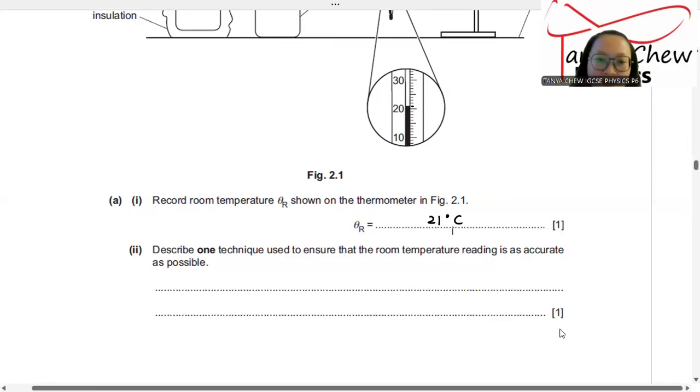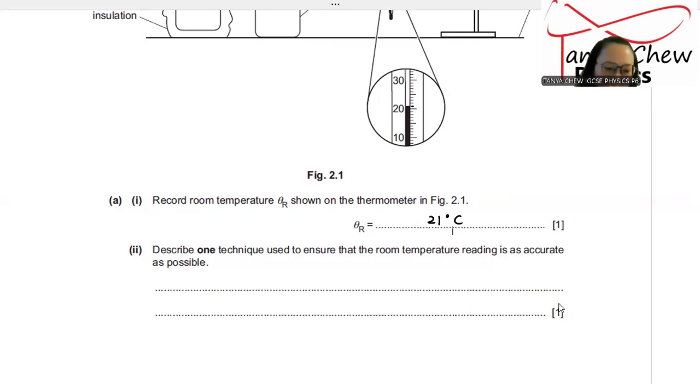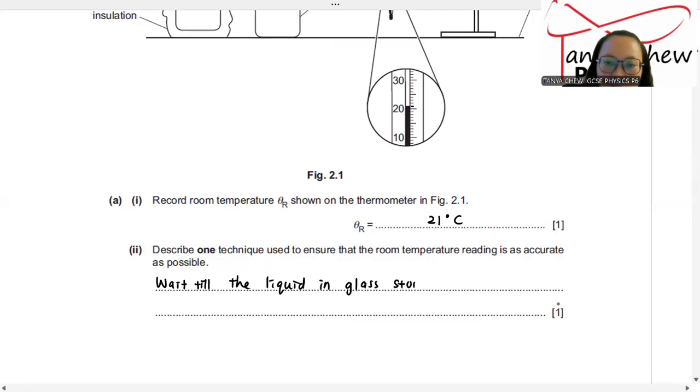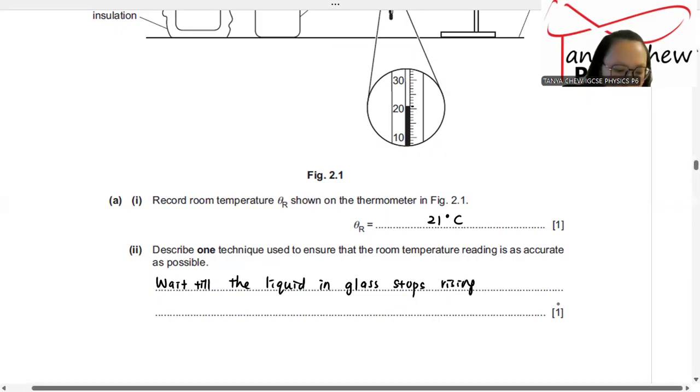Second part, describe one technique used to ensure that the room temperature reading is as accurate as possible. How do we ensure that? I say that we clamp the thermometer, and wait till the liquid in glass inside the thermometer stops rising before taking the reading on the thermometer.